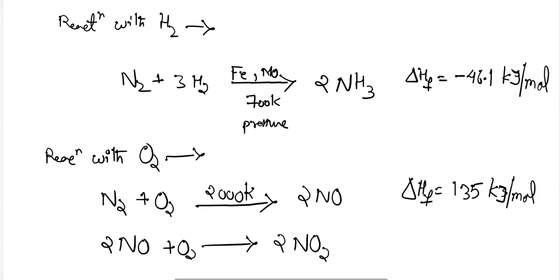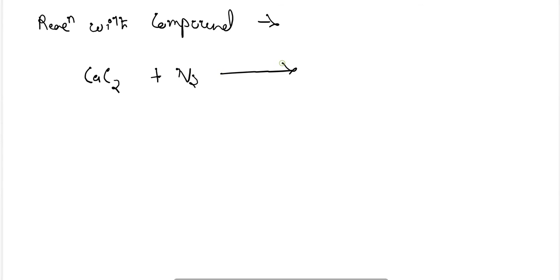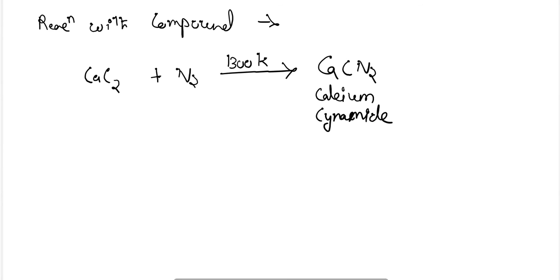It can react with calcium carbide at 1300 Kelvin to form calcium cyanamide, C-Y-A-N, cyanamide, with carbon.